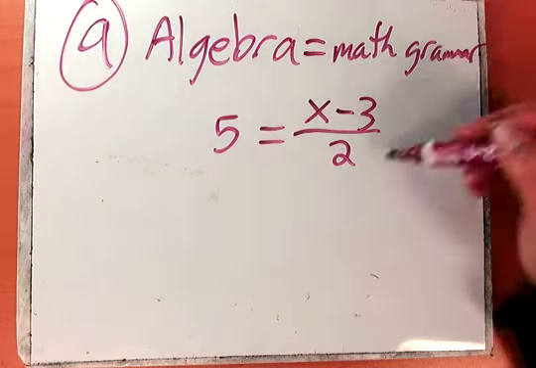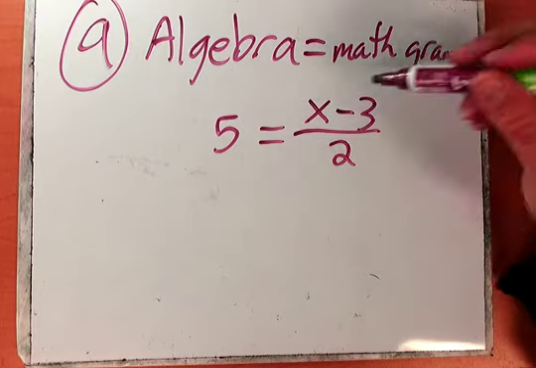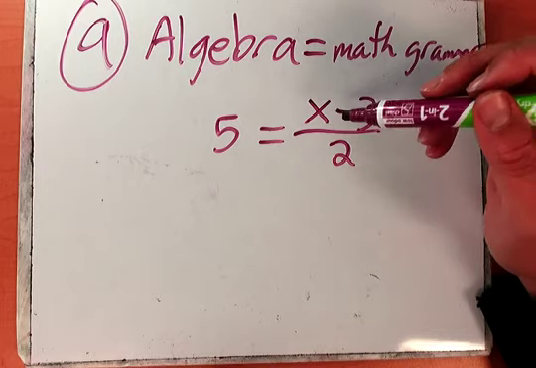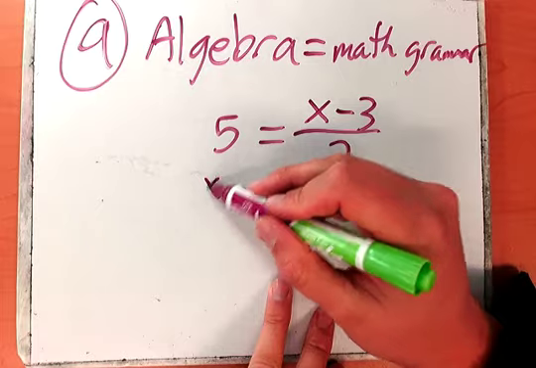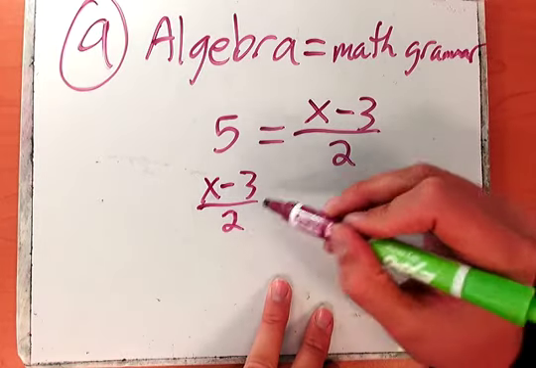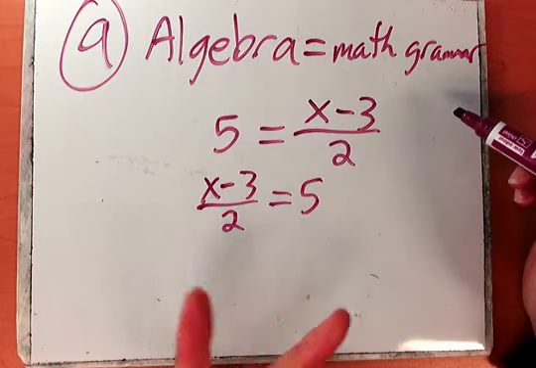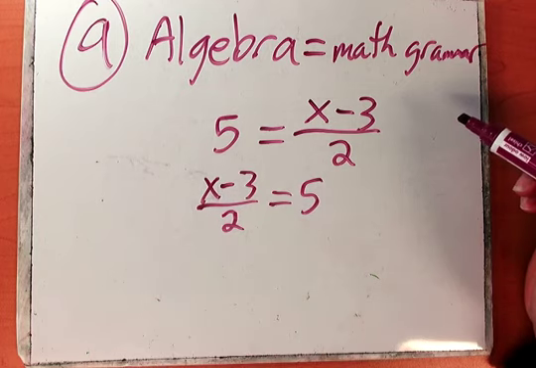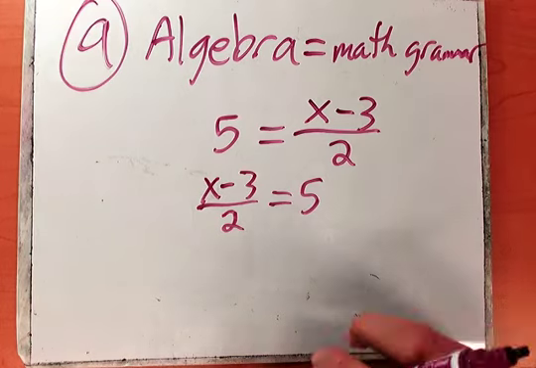How do I do this kind of question? There's a division, and the x is on the wrong side. Well, it actually doesn't matter. The x can be on either side, so we could rearrange it if you wanted to. We could rewrite this as x minus 3 over 2 equals 5. Those are the same. It's just like looking at it frontwards and then looking at it backwards. If that makes it more comfortable, what do we do first?